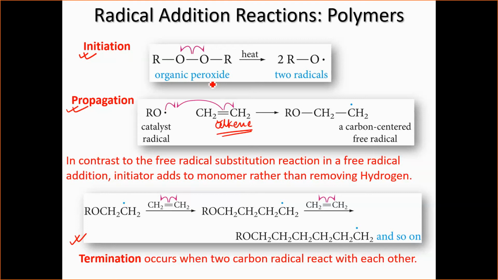In this reaction, we use a peroxide, and that peroxide with heat or light will homolytically cleave, leaving each oxygen with an electron. This is called the radical initiator.